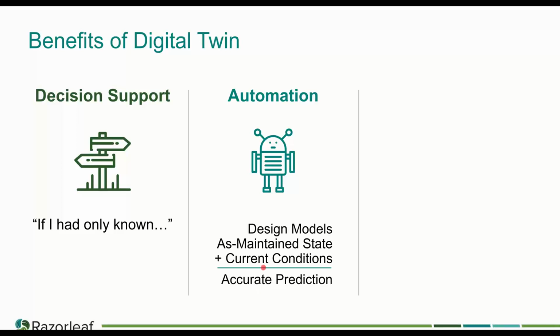Here at the bottom, I show this equation. If you take the design models, and by the way, you need the specific exact design models used for this one VIN number or tail number, right? So not just the virtual twin, but you need the exact ones for the one you care about. Plus their as maintained state, right?